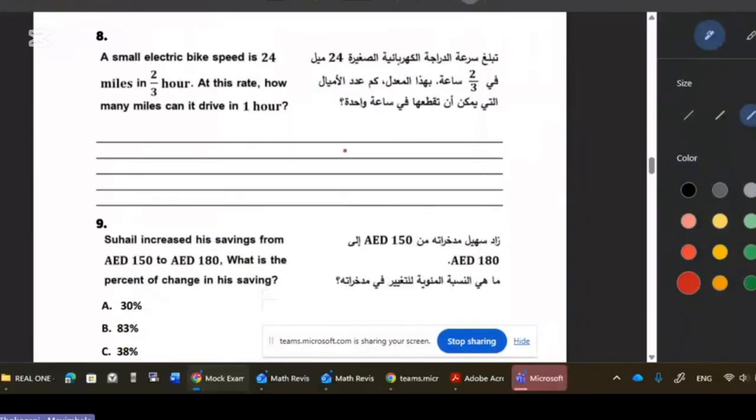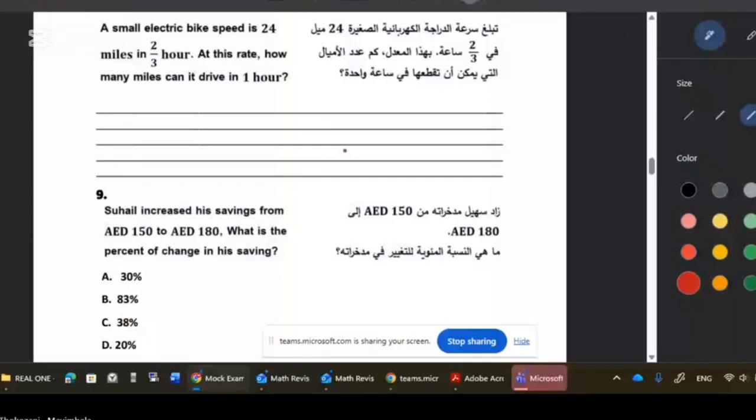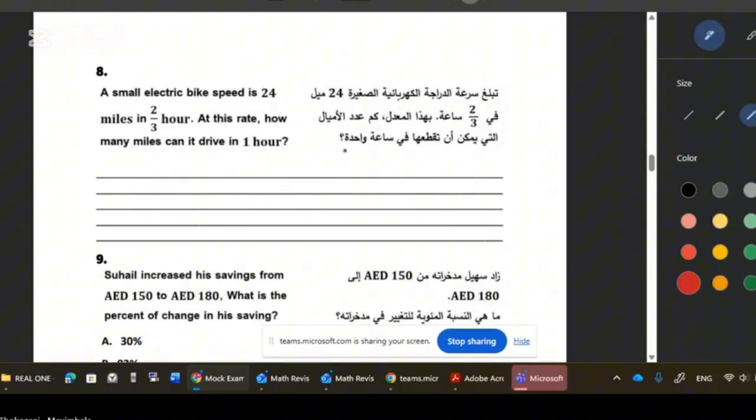Okay, let's move on to number 8. Now, with number 8, it's also an interesting question. It says an electric bike speed at 24 miles in 2/3 hours.